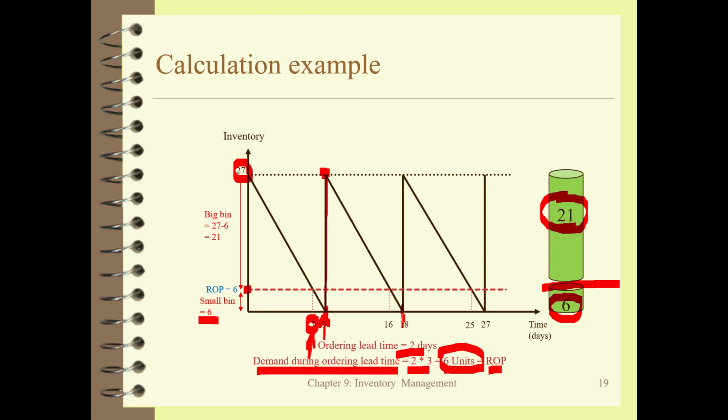Then you cannot order at day 18. You need to order 2 days before, right? So you need to order at day 16, and the amount before you order, that is the reorder point, is 6, right? Okay, so this is the reorder point.